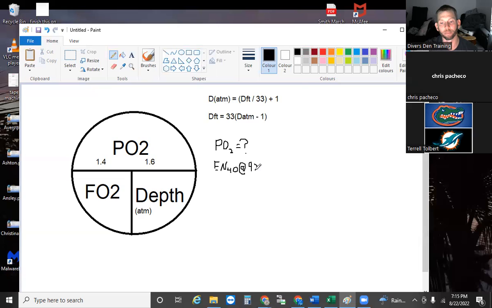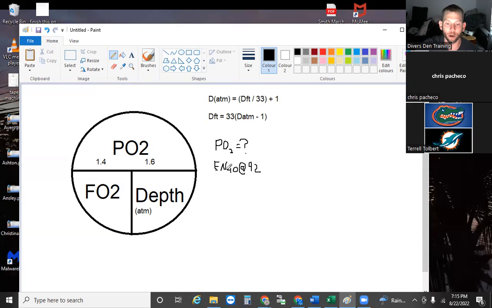No, 92 feet. And my question is, am I exceeding my MOD? Am I exceeding my safe PO2s? So it's pretty easy on this one.